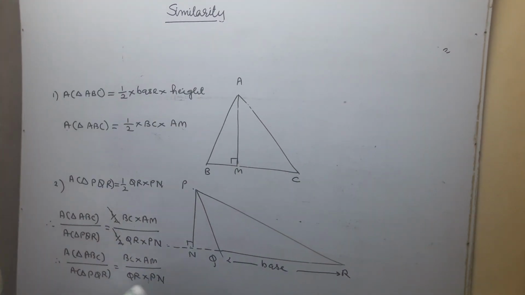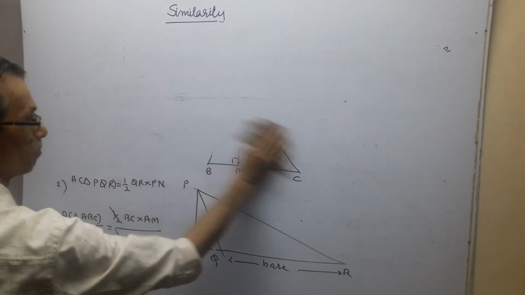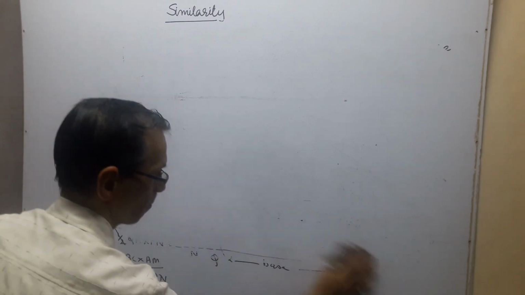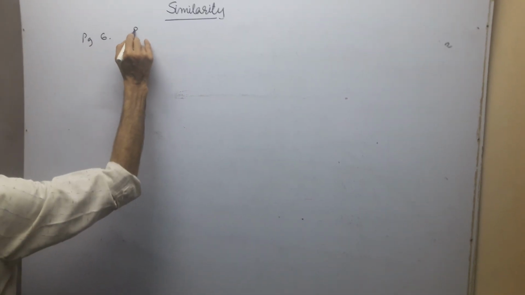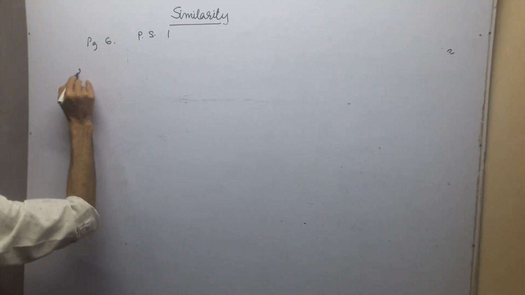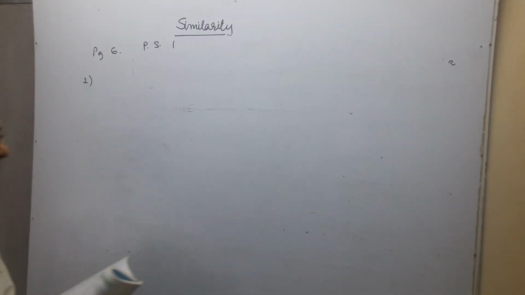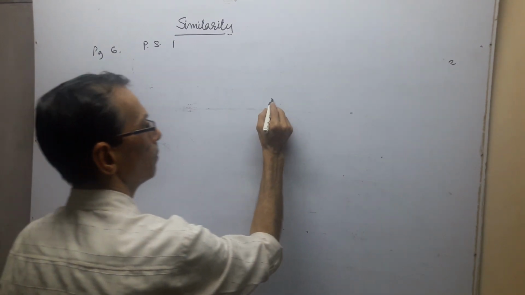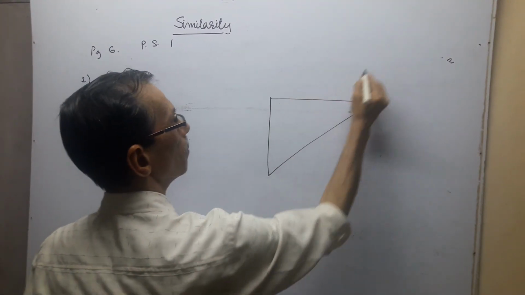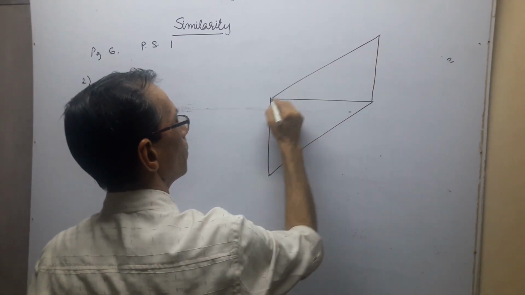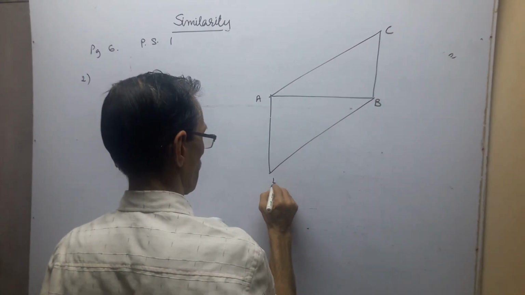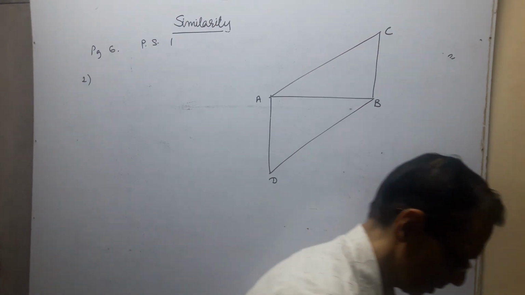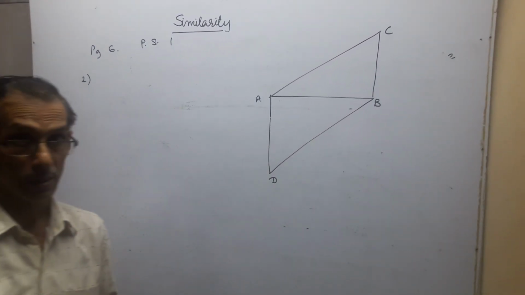Second example. See the diagram given here. Let me draw the diagram. Here you can see two triangles clearly.